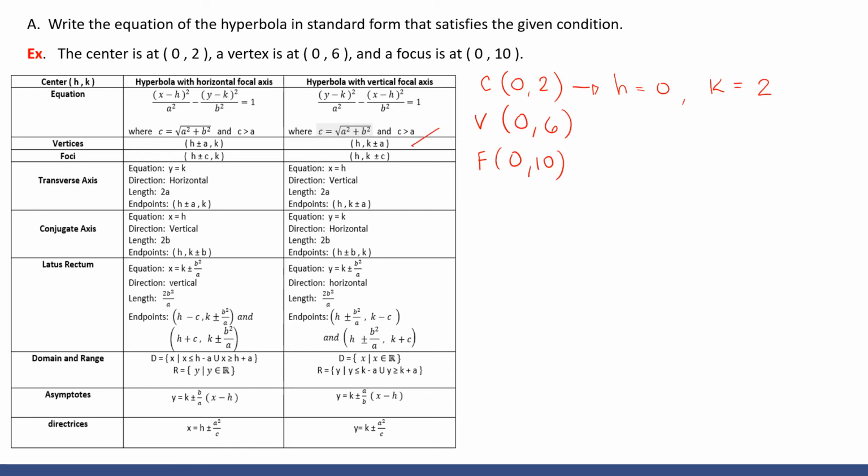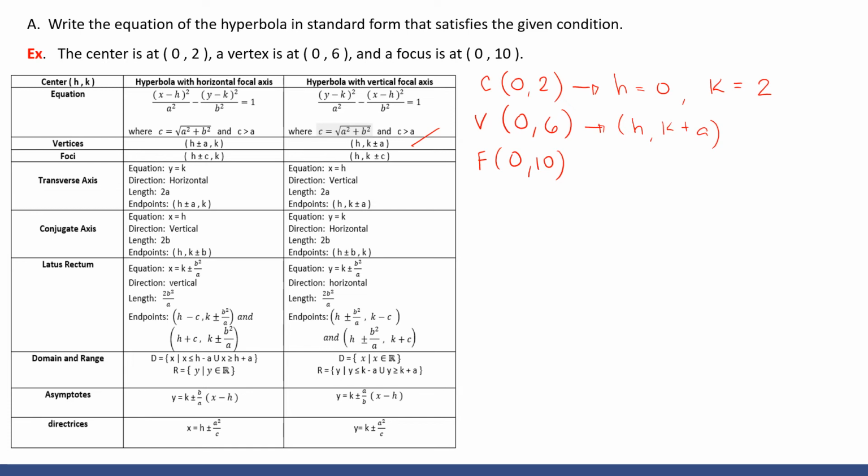Meaning, this second table is what we will follow. So our vertex (0, 6) came from what? From H, and then the K plus A pattern. Why the H, K plus A pattern?